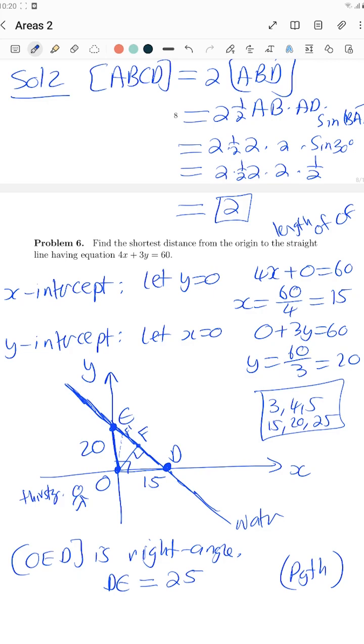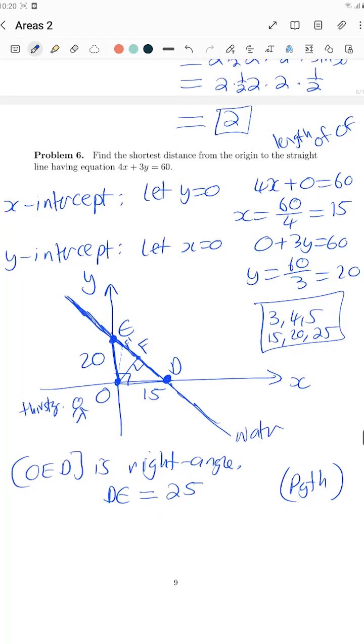And it does. Using the philosophy of calculating something in two ways, let's calculate the area of triangle OED in two ways. One way we can do this is by saying it's going to be a half OD times OE. Or it is going to be a half using the base DE.